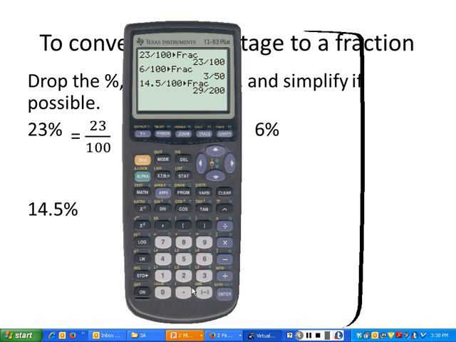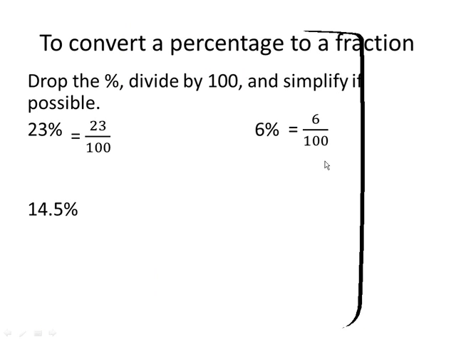Now, there's nothing wrong with doing these by hand and saying 6 over 100, top and bottom, divide by 2 gives me 3 over 50. There's nothing wrong with knowing that 14.5 over 100 is not workable. You cannot have decimals and fractions and reduce at the same time.